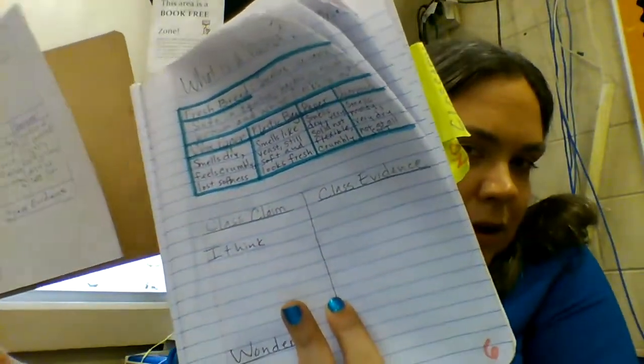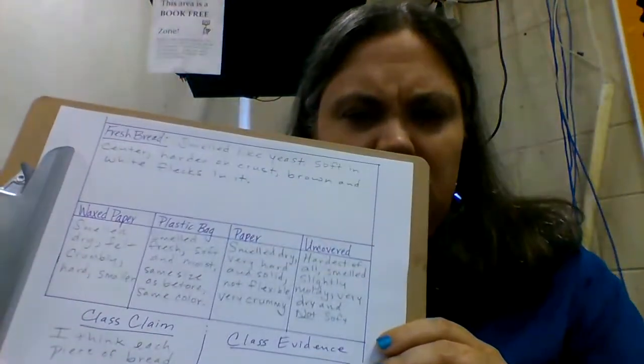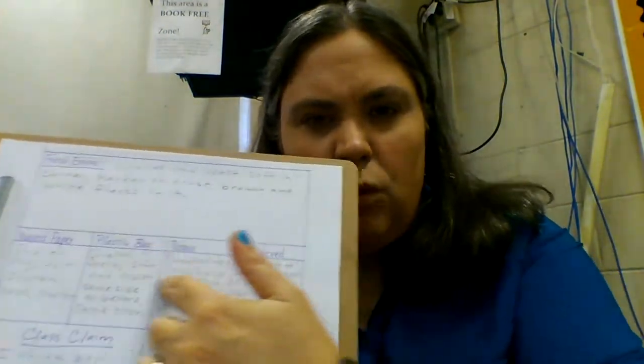This is my journal page. It looked something like this. And so we can come down here and do our claim and evidence space. I did that as well down here so you could see it. So what do we think happened in this experiment? I think each piece of bread reacted differently based on what?